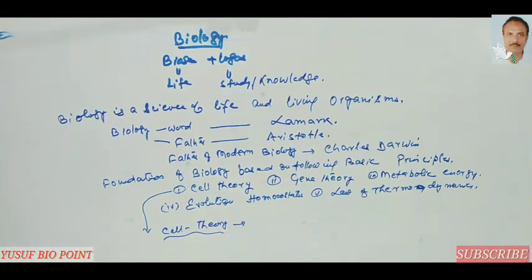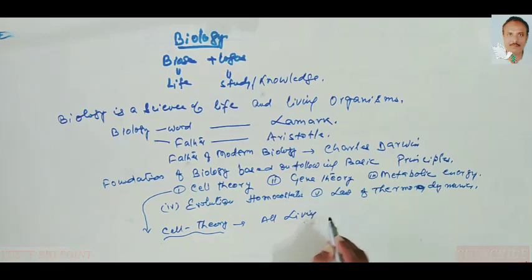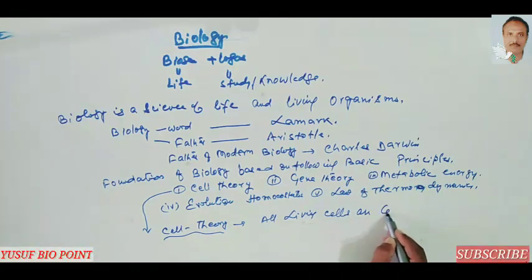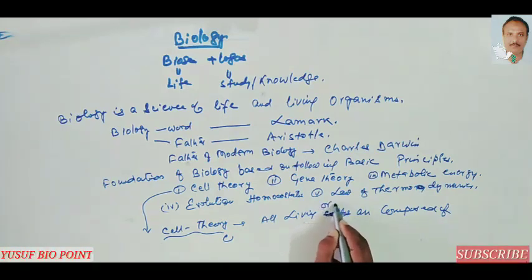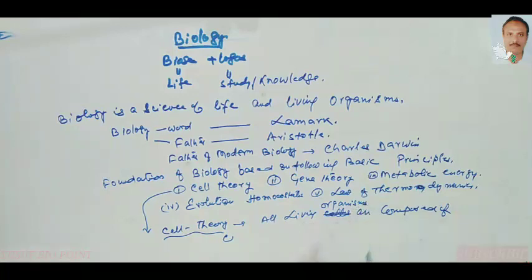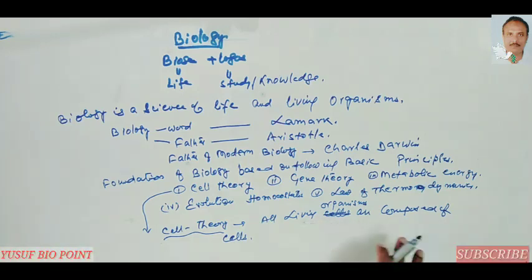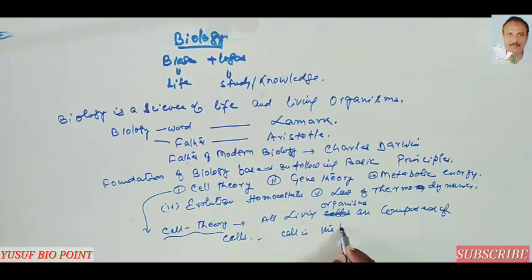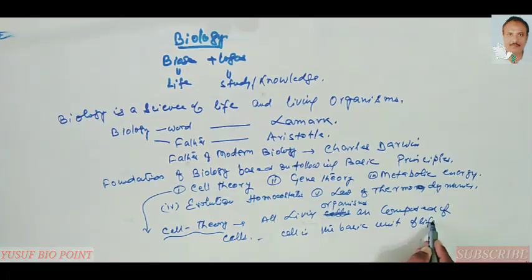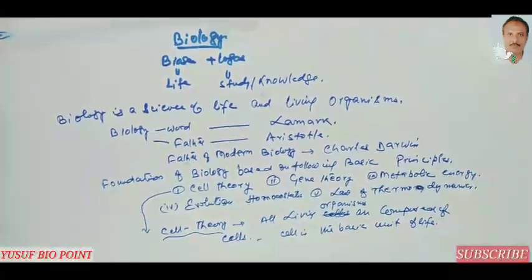This theory indicates that all living organisms are composed of cells. So the cell is the basic unit of life.